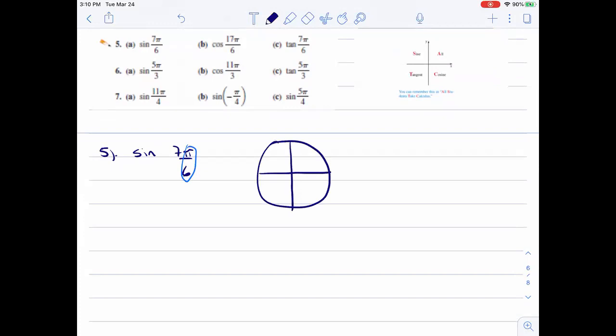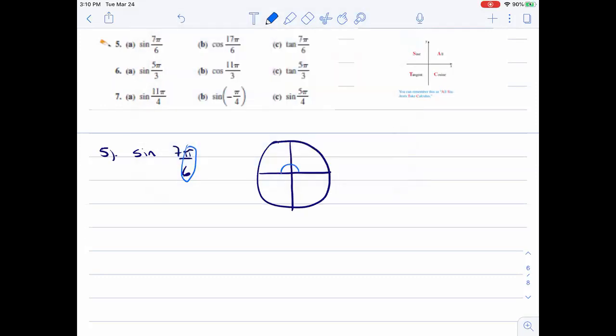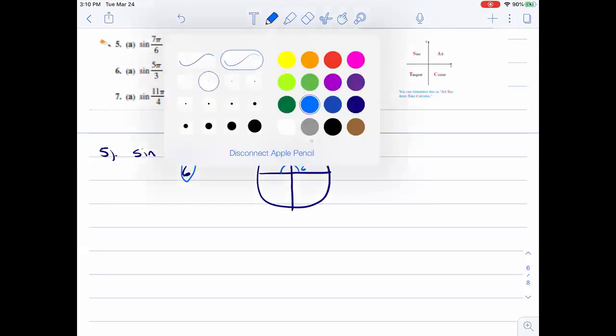It's some fraction of pi/6. If I've gone 7/6 of a pi, then here is 1 pi. So this is 6pi/6.